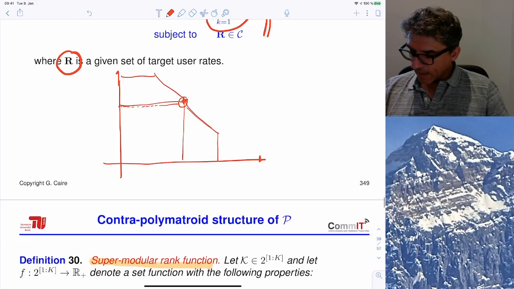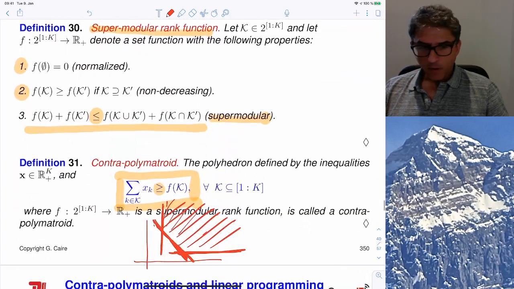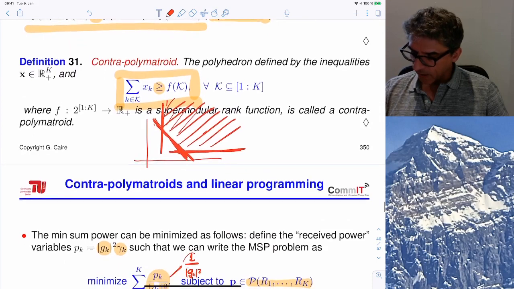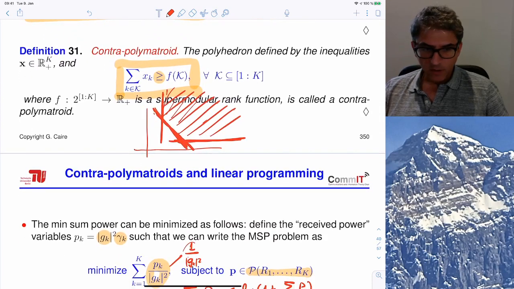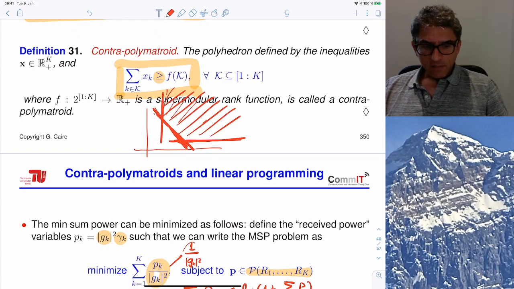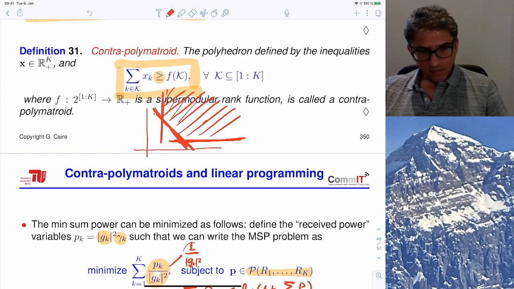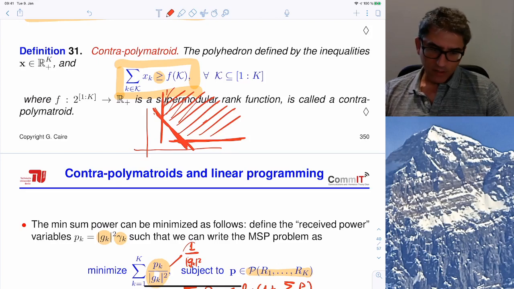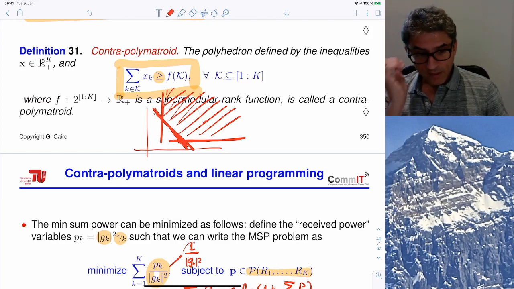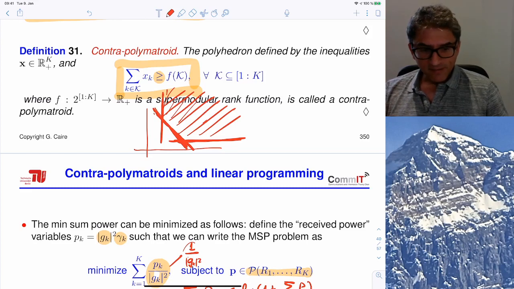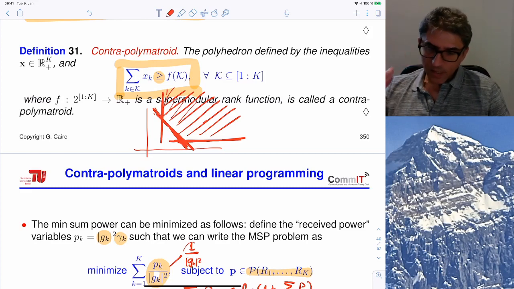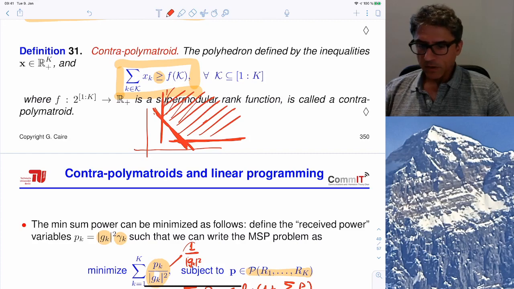And the key idea here to solve these problems is to exploit this structure of polymatroid and contrapolymatroid that have these important results, for which by simply sorting the weights of the linear function you want to maximize or minimize in the two different cases, you identify immediately the vertex at which this minimum or maximum appears. So this avoids this exponential number of constraints because it gives you directly the solution.